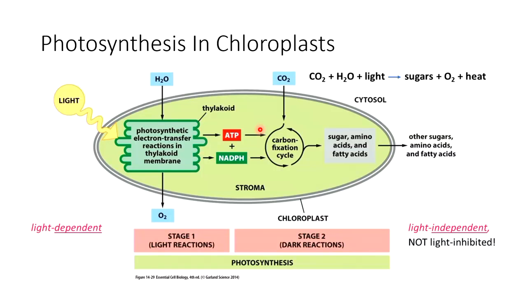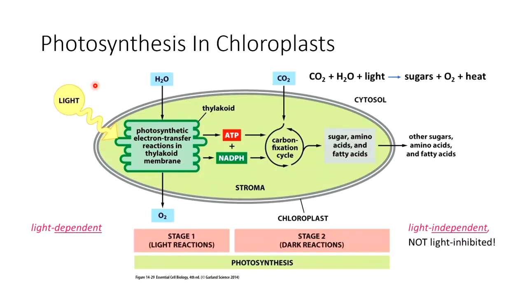Okay, briefly, I want to talk about photosynthesis. Photosynthesis can be broken down into two separate steps. You have the light reactions in stage 1, and then the dark reactions. What's important to remember is that the dark reactions are light independent, so they're not inhibited by light, but they can take place whether or not the plant or the organism is experiencing any light.